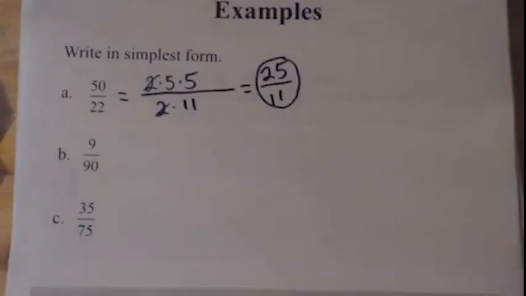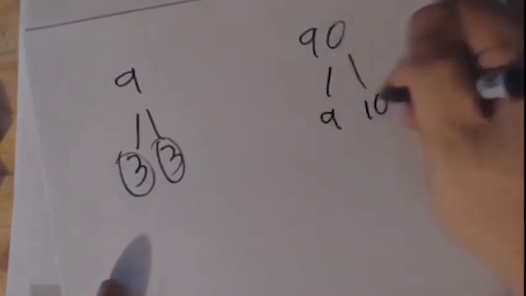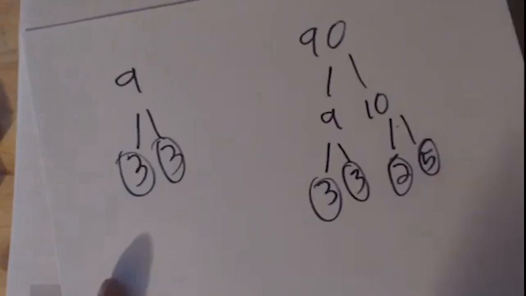Next up, 9 over 90. So we need a factor tree for 9. We need a factor tree for 90. 9 is 3 times 3. 90 is 9 times 10. 9 is 3 times 3. 10 is 2 times 5.